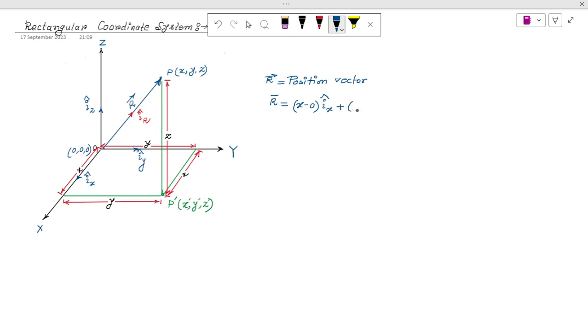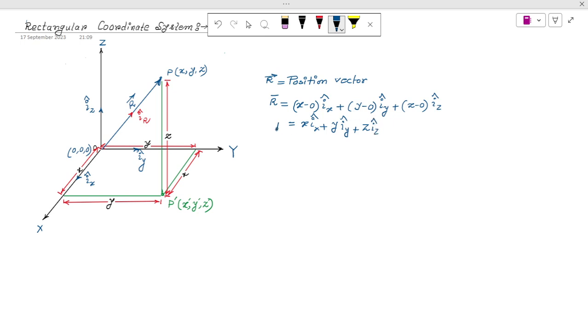Next, in a similar way you can write y minus 0, that is Iy. Next, you can proceed for z minus 0, that will be Iz, and in a simplified form it will be x Ix, y Iy, and z Iz.